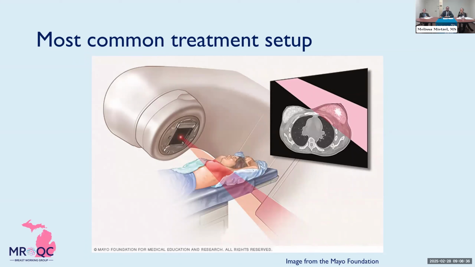Additional fields can be added to treat the clavicular nodes as well as the IMNs. But this treatment has been very successful and has again provided quite a bit of flexibility when it comes to treating additional target sites.